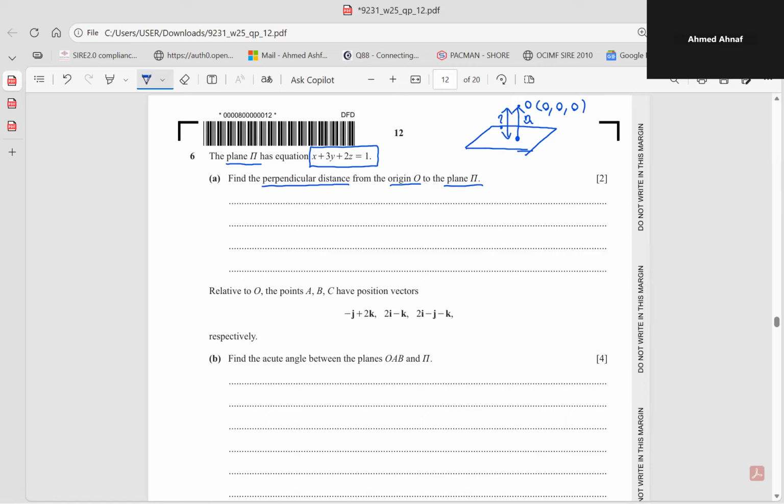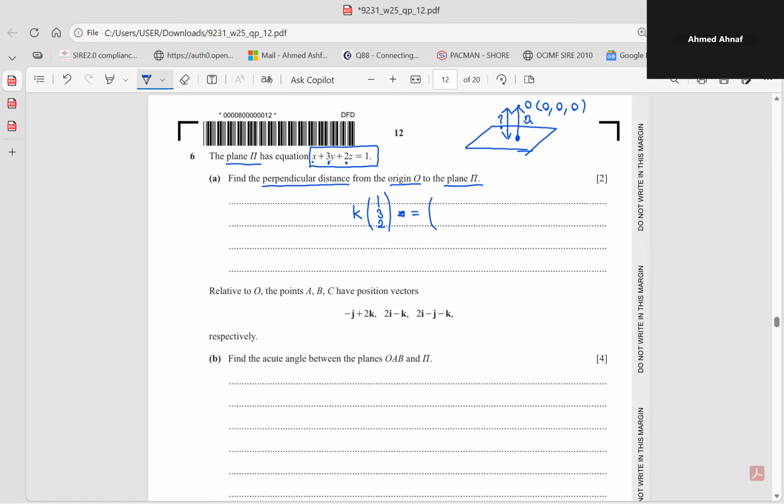So it's the origin plus a scalar times the direction vector of the normal vector. It could be something like k times (1, 3, 2). That's the direction vector of the normal vector. You can get it from the coefficients of x, y, and z. So what we want to find is the foot of the perpendicular.